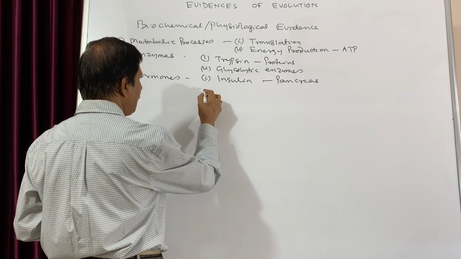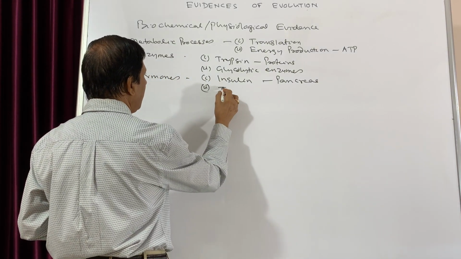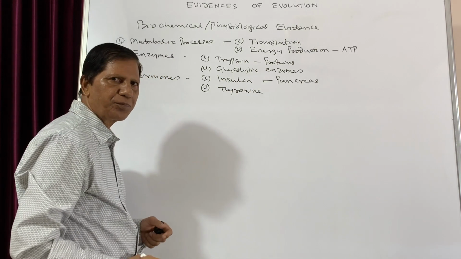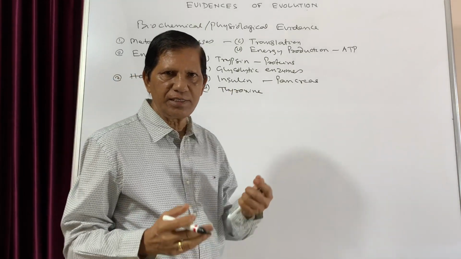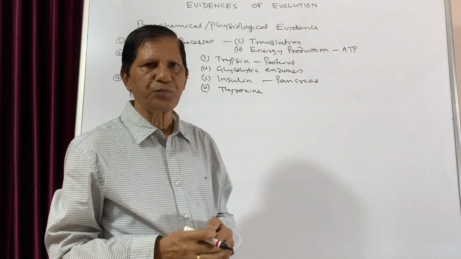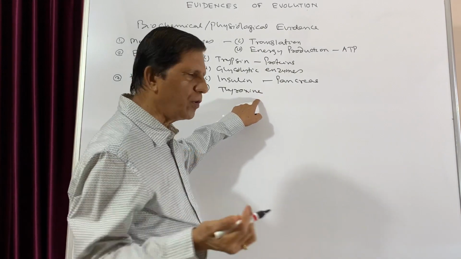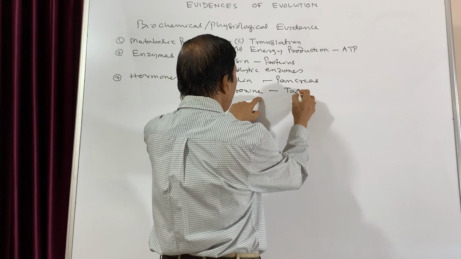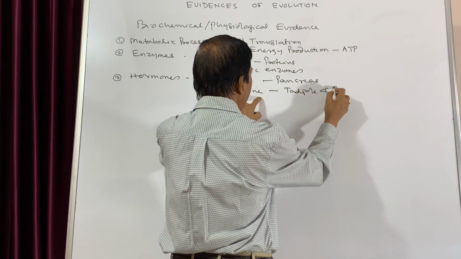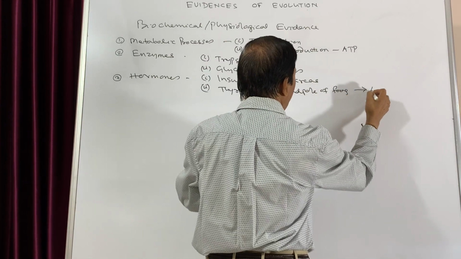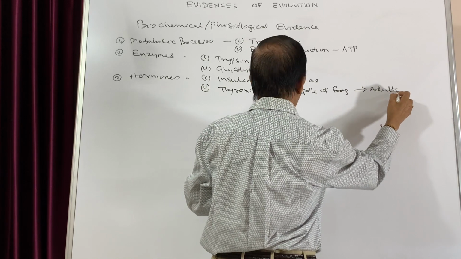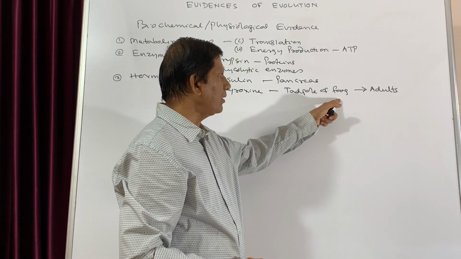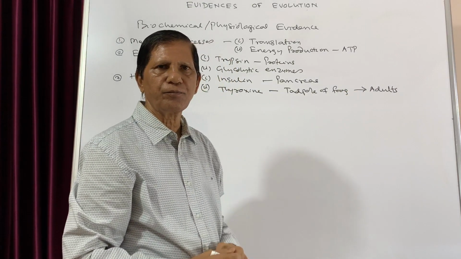Take a second example. The second example is that of the thyroxine. The thyroxine hormone is secreted by the thyroid gland. Now this thyroxine also plays a role in the development of the tadpole of frog to adults. That means the thyroxine hormone plays a role in converting the tadpole of frog, the larval stage, to adults.